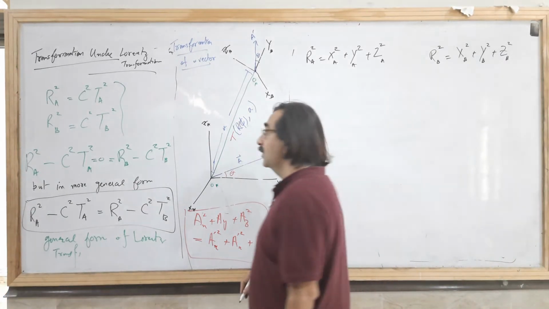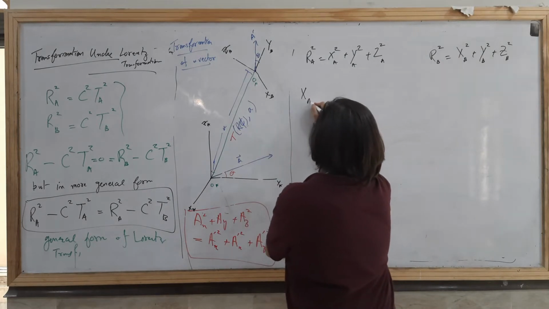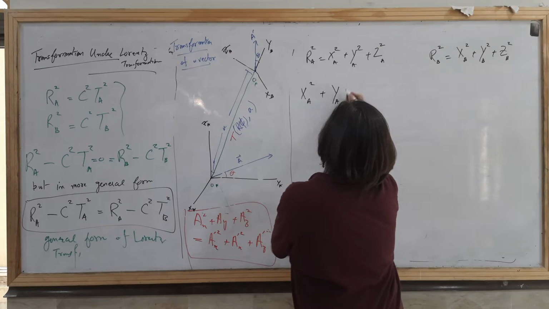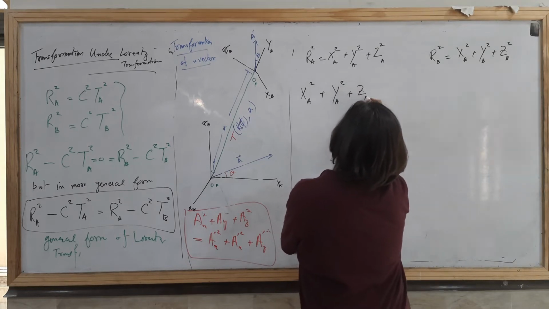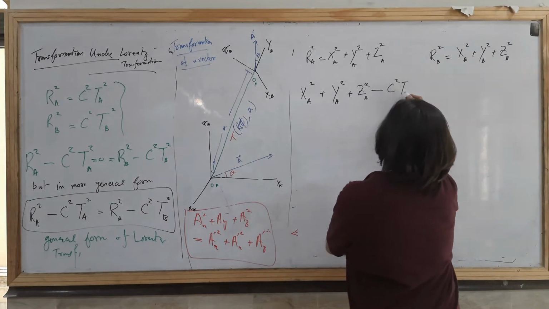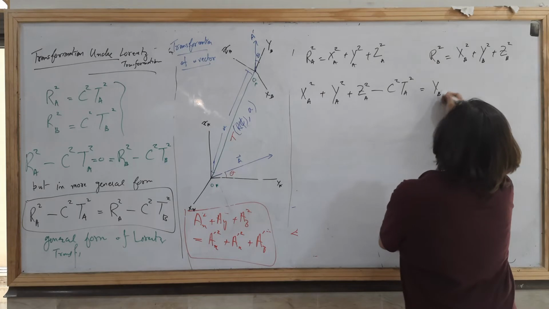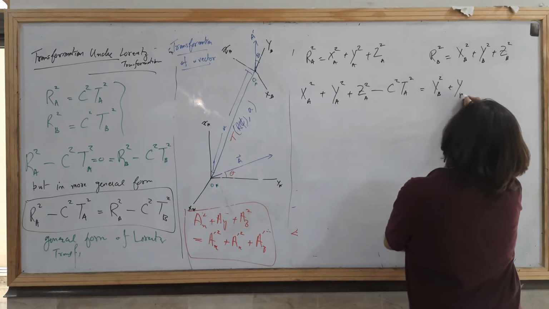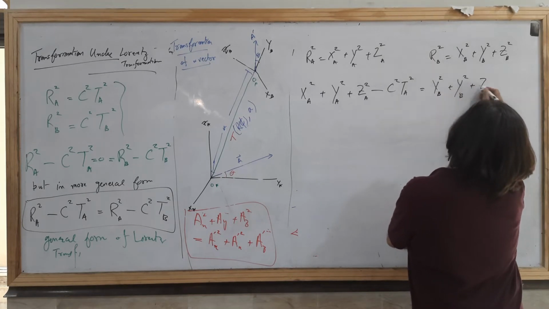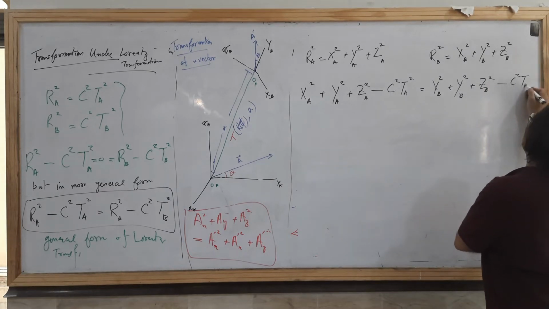So if I put it in this, that will become XA square plus YA square plus ZA square minus C square TA square equals XB square plus YB square plus ZB square minus C square TB square.